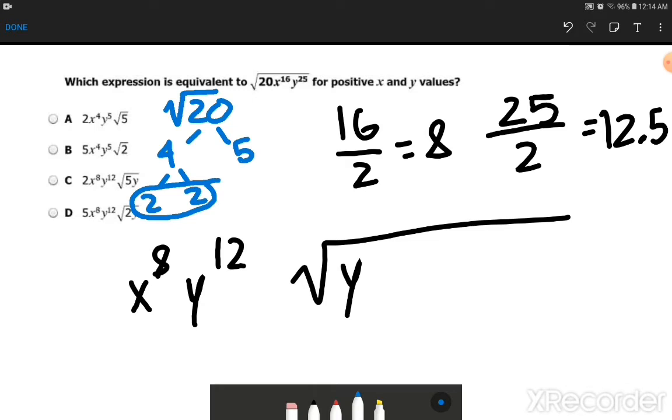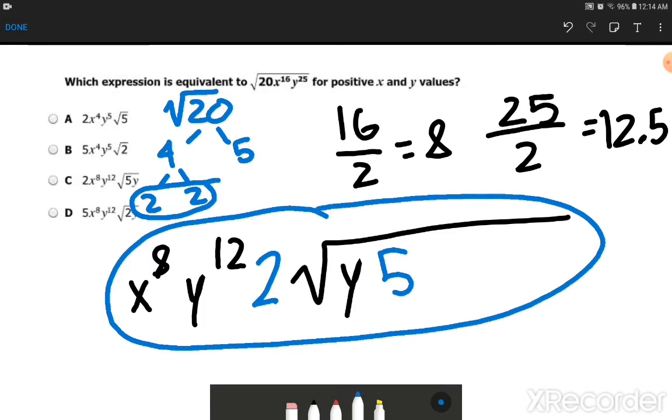The pair is going to leave the square root symbol, and the number left stays in. So this would be our final answer. I'm just going to find that in the answer choices. So our answer would be C.